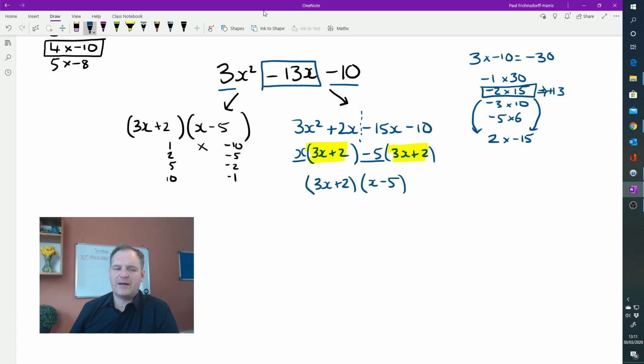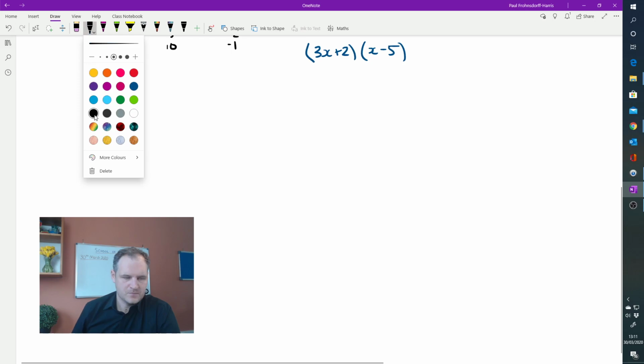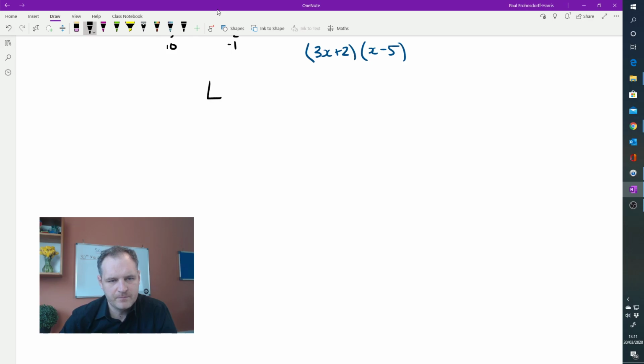So the next question I'm about to go through with you, the reason it's a bit different is because it's 4x squared plus 8x minus 21.